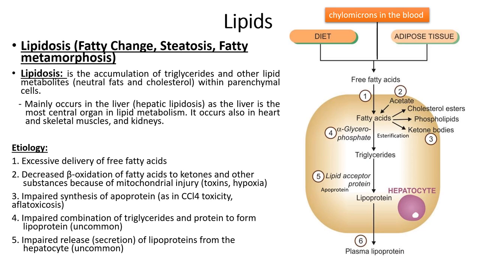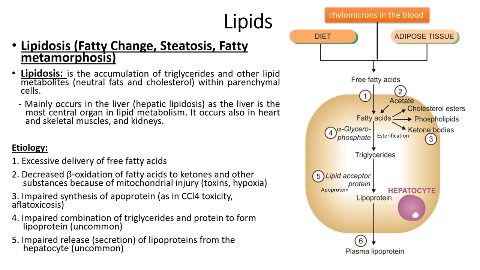So, for example, if there is excessive delivery of free fatty acids from any source, like either diet or adipose tissue, you will end up with more free fatty acids, more triglycerides, and then fatty change. Or decreased beta oxidation of fatty acids to ketone bodies and other substances, due to toxins or hypoxia.